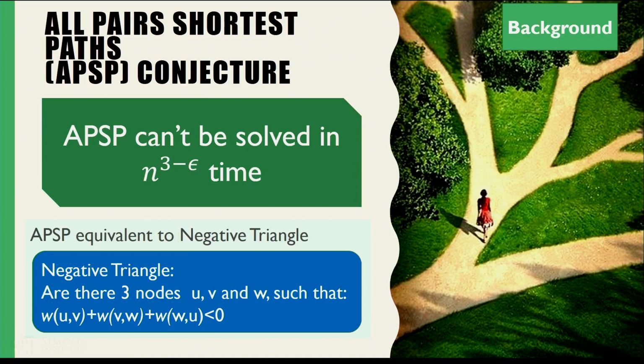It's just not a thing we believe in. It turns out that negative triangle is equivalent to this, where negative triangle is asking, in a graph, whether there are 3 points such that the sum of the weights on all their edges is negative. It might seem a little surprising that something that returns yes or no is as hard as something that is returning a giant n squared array, but it turns out that's true. Pretty neat.